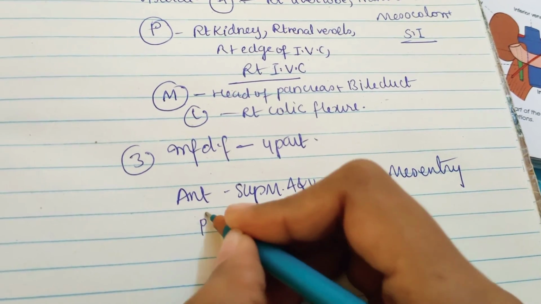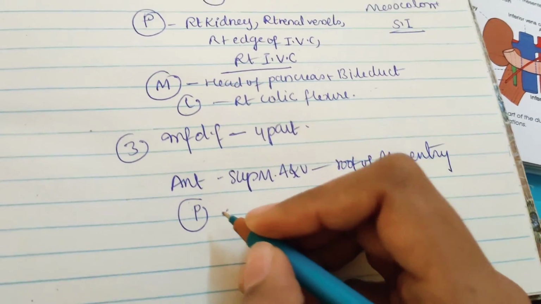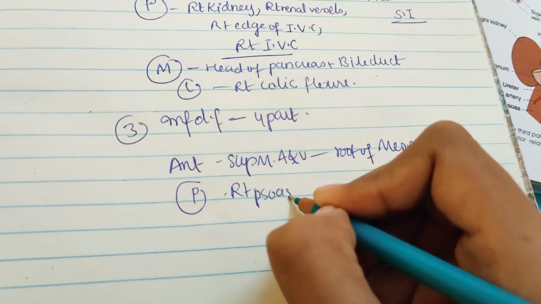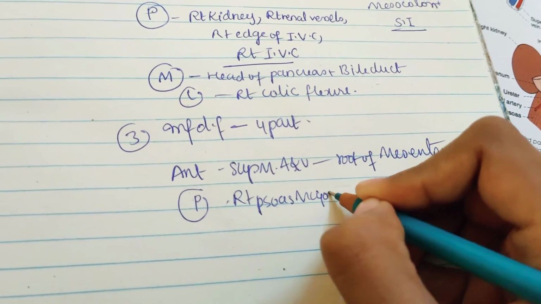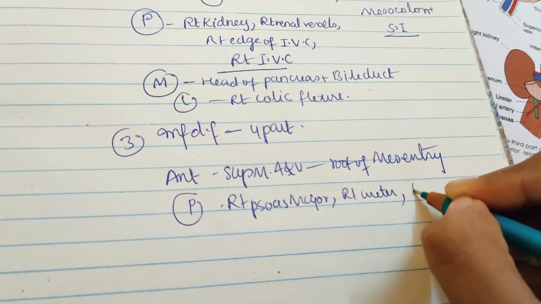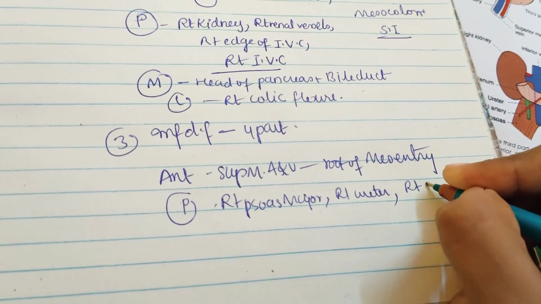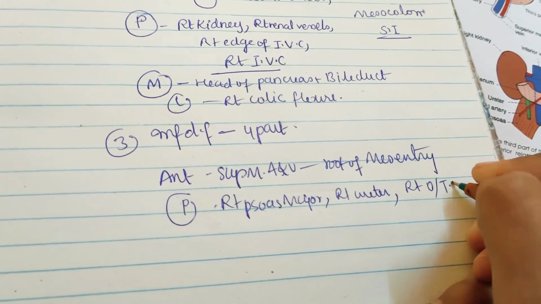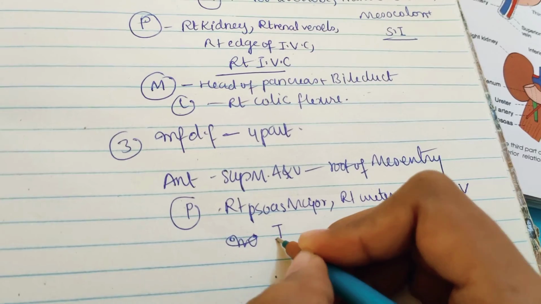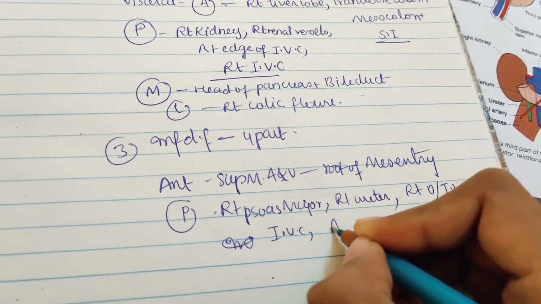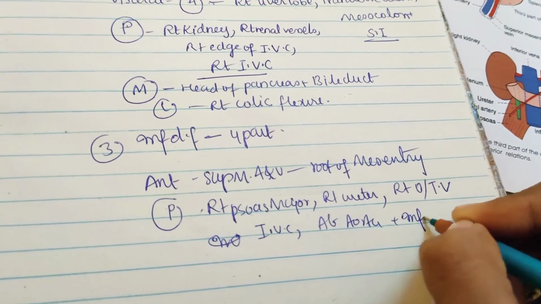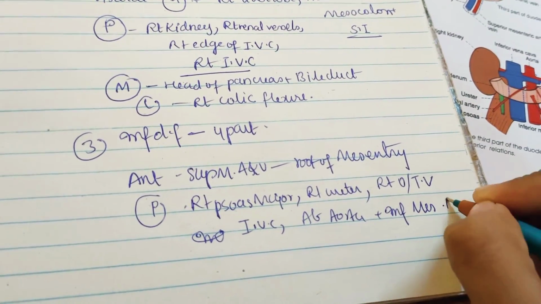If you see posteriorly, you have the right psoas major, right ureter, right testicular or ovarian vessels, and you have the inferior vena cava, IVC, and you have the abdominal aorta plus the inferior mesenteric artery.